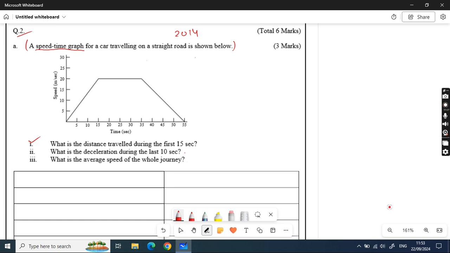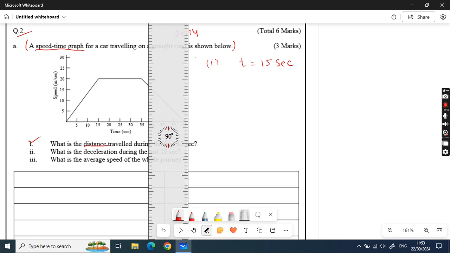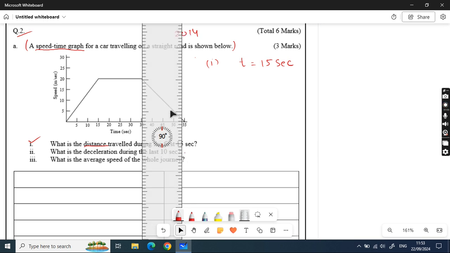Here they have mentioned the time is 15 seconds. They mention the first 15 seconds, and we need to find out the distance. So we divide this graph into three parts.